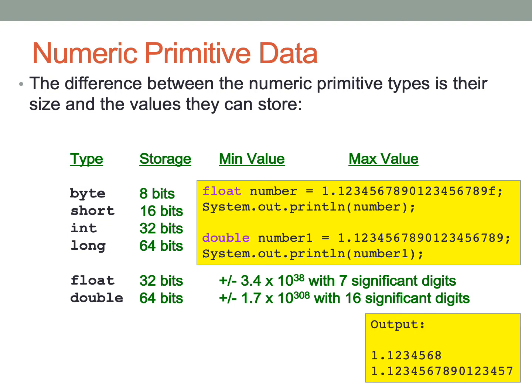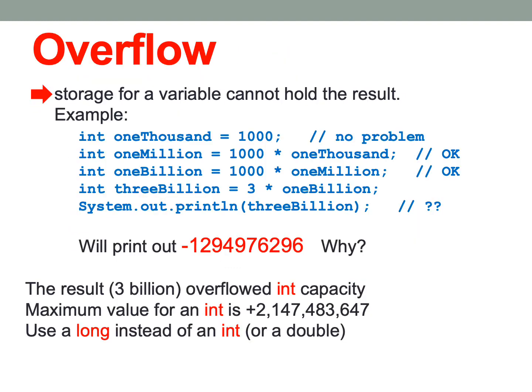For the float number, it will display 1.1234568, which is 7 significant digits. For the double number, it displays up to the maximum 16 significant digits. You can try with other data types to check the minimum and maximum value that these different types can have.